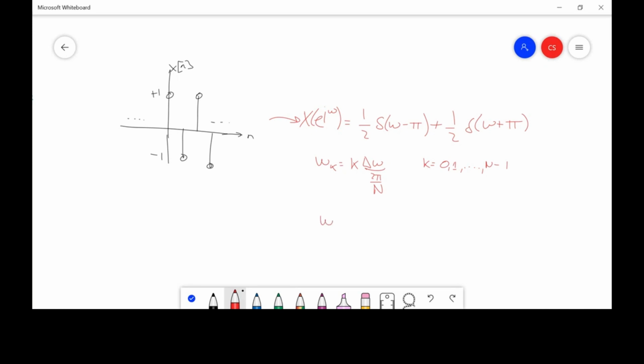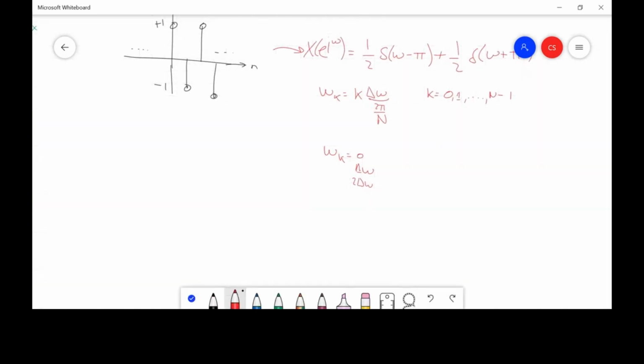So you will have omega k equals 0, omega k equals delta omega, then 2 delta omega, and all the way to n minus 1 delta omega. But n minus 1 delta omega is slightly smaller than 5. It is not exactly 5. So one of these two deltas will be captured by these samples, but the other one will not.